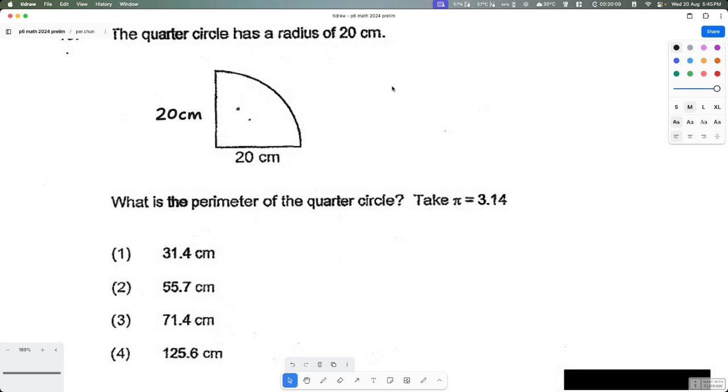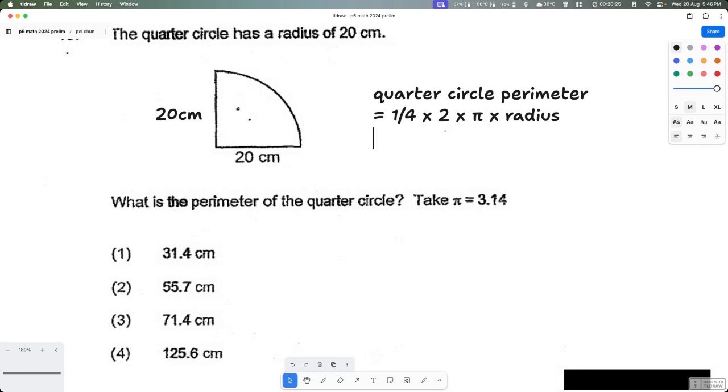So for a quarter circle, the curved part of the perimeter is 1/4 times 2, times pi, times radius. So let's do 1/4 times 2 times 3.14 times radius, which is 20.